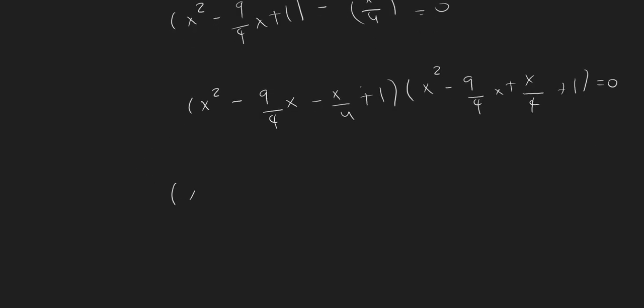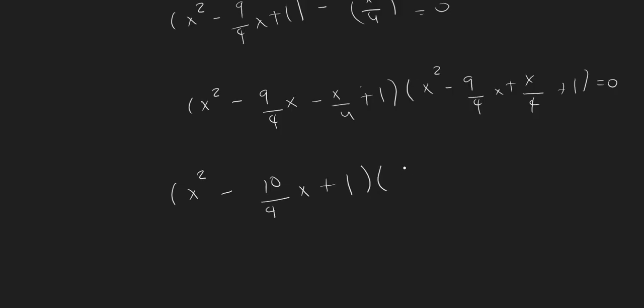We get x squared minus 9 plus 1, which is minus 8, so minus 8 over 4 x, plus 1.